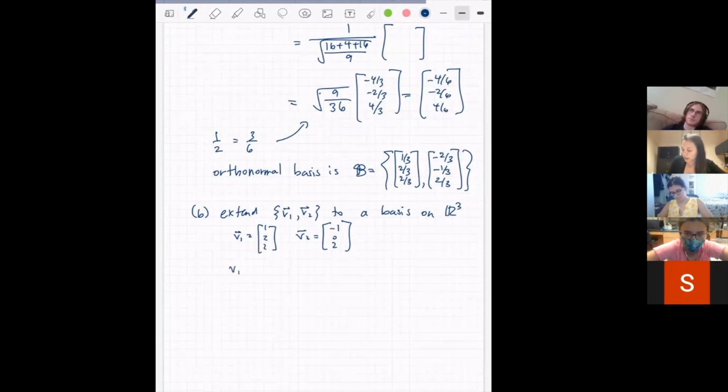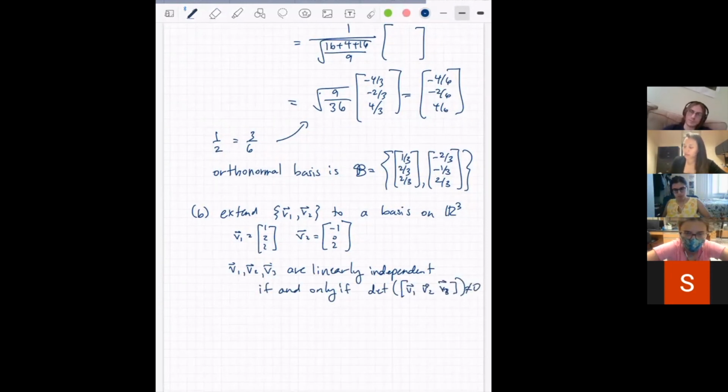We know that V1, V2, and V3 are going to be linearly independent if and only if the determinant of the matrix formed by putting these in as the columns is not equal to 0, right? This is saying that the columns of this matrix are linearly independent.